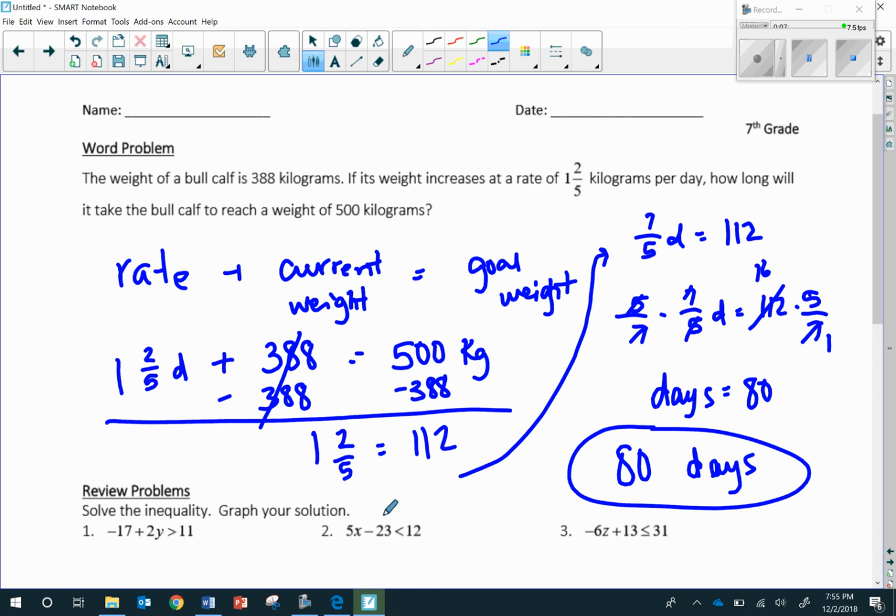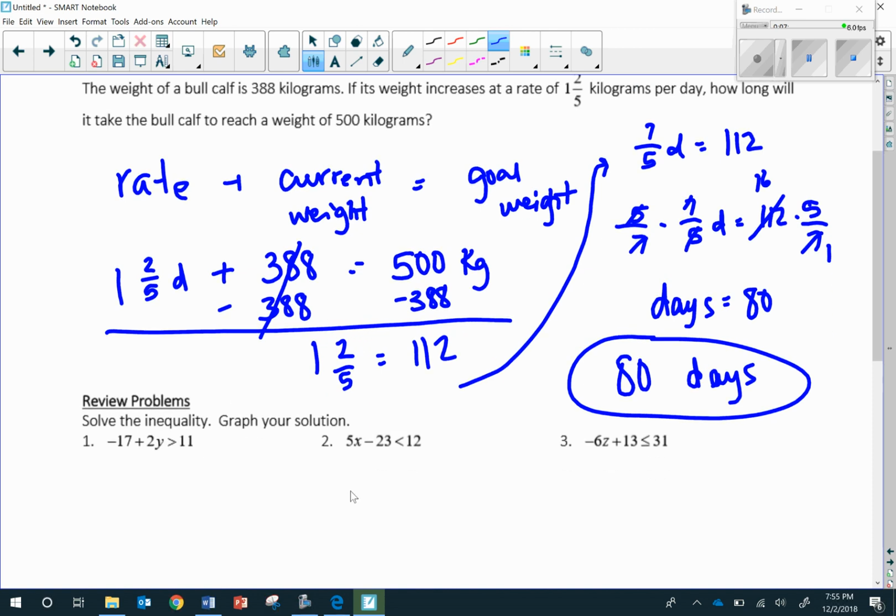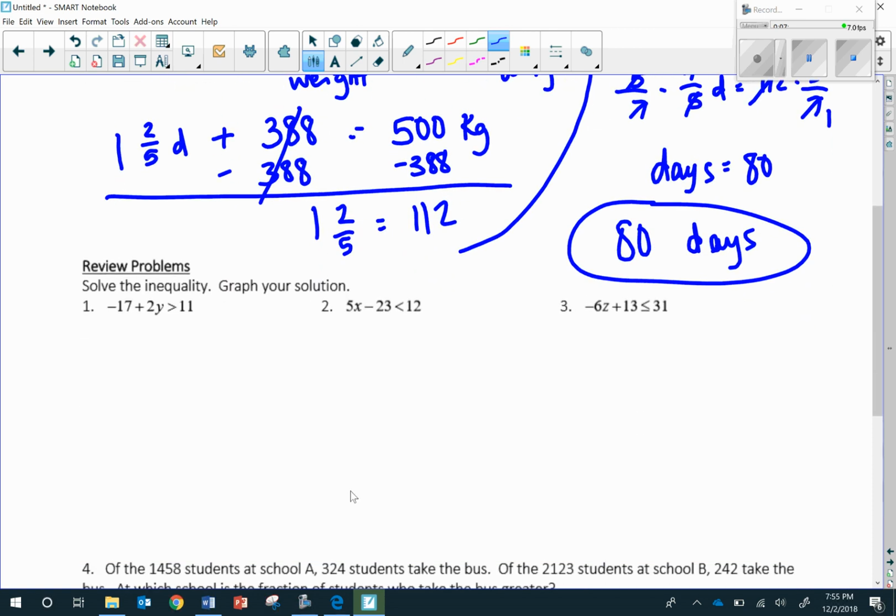All right, the next section is a set of review problems, solving inequalities, and then it asks you to graph your solution. I'm going to go ahead and show you number 1 just to jog your memory. Again, we're going to solve this the same way as we would an equation with an equal sign. We just have an inequality this time.